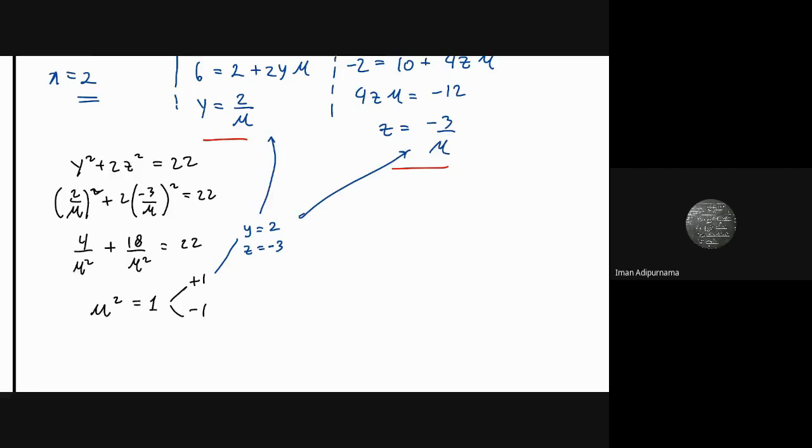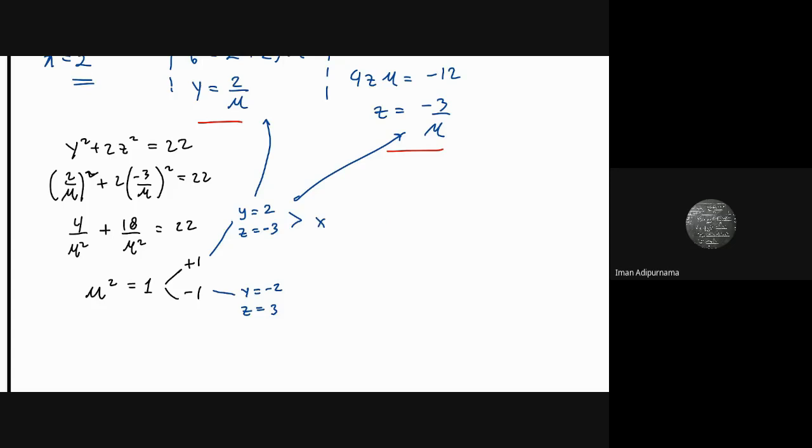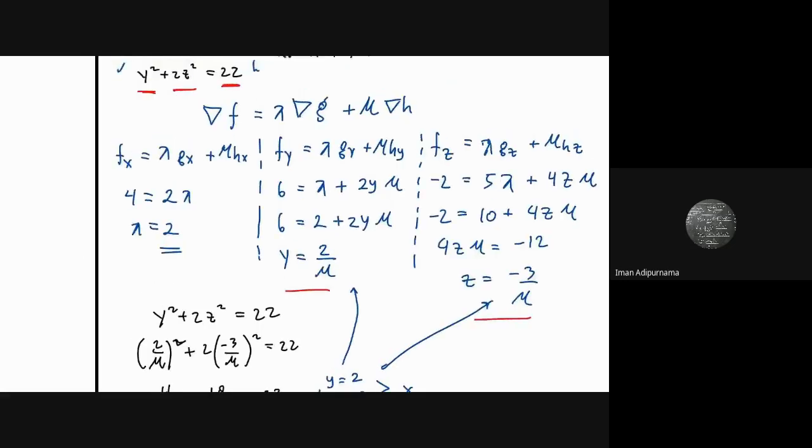And for -1, y will be -2, z will be 3. And this will result in different x, right? From this equation here, if you compute, x will be 7 and x will be -6. So you will get the first point 7, 2, -3, and this one -6, -2, 3.